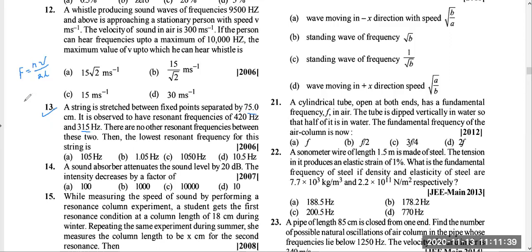Suppose f1 is this, and f2 is, tell me what? (n plus 1)v by 2L, right? Two frequencies are given. So what we have to do is divide each of them and we will get the value of n. Yes or no, guys? Tell me yes or no.